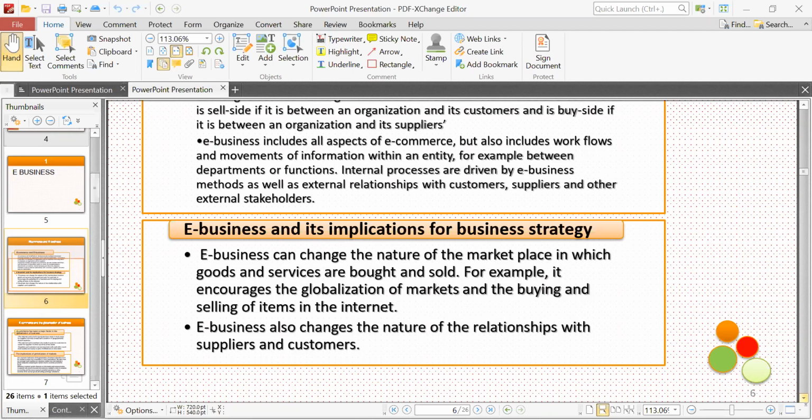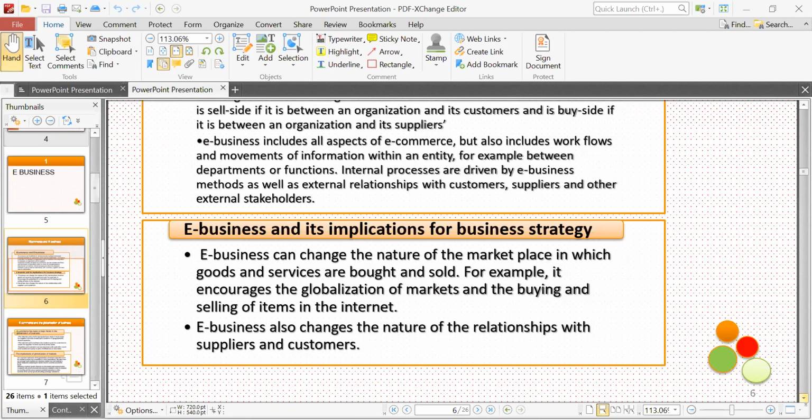For example, it encourages the globalization of the market and the buying and selling of items on the internet. So you might ask, how does this affect strategy?